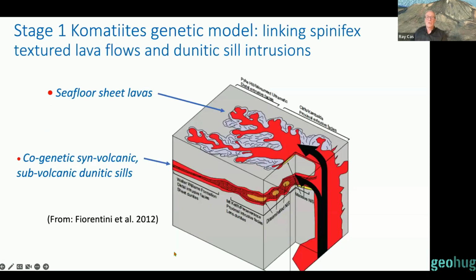Here's a nice cartoon diagram that Fiorentini et al. put together to show the comagmatic and contemporaneous emplacement of seafloor-spreading massive and low-volume komatiitic lavas, also feeding sub-volcanic sill-like intrusions, which contain these central or core zones of coarse adcumulate.